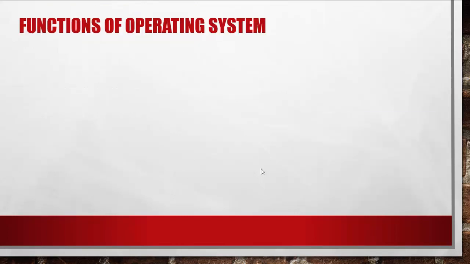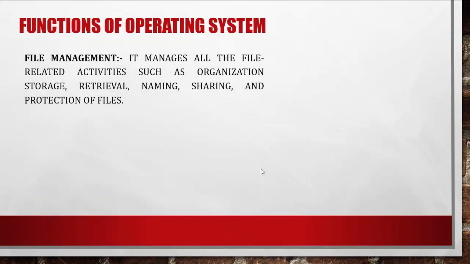Okay, the next function of operating system is file management. So file management manages all the file related activities such as organization, storage, retrieval, naming, sharing and protection of files. Everybody knows this is the basic concept of file management. Say for example, if we are creating a directory, and in that directory we are putting some files, then storage will be there.